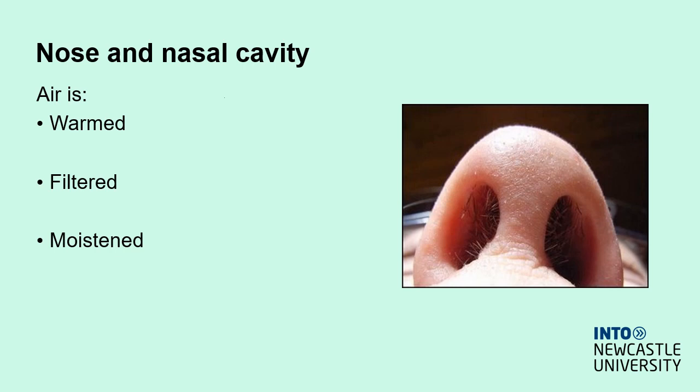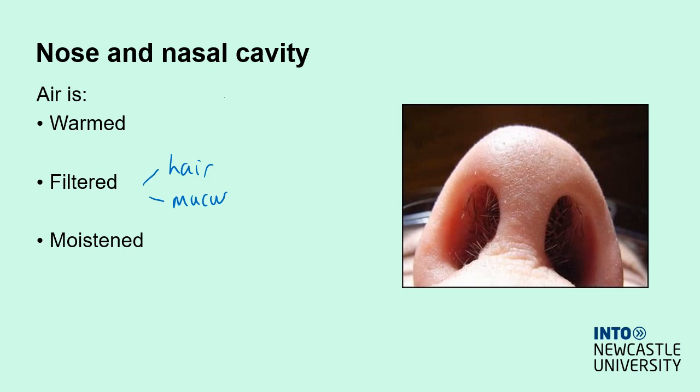If you think about how cold the air can be and how our body is at 37 degrees Celsius, it's good to start warming this air so that you don't have a big temperature difference when the air gets inside the body. We filter using hair and mucus. We've all got hair up our nose, a hairy lining, and that secretes mucus.